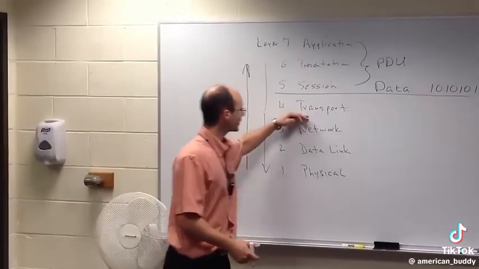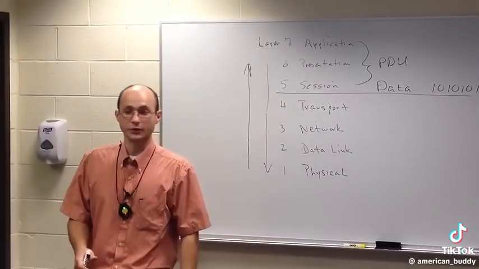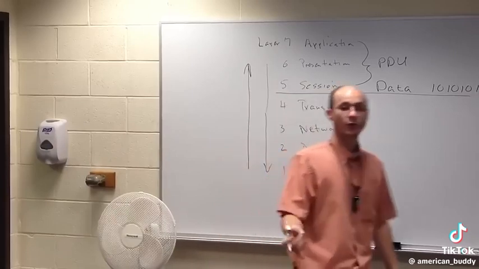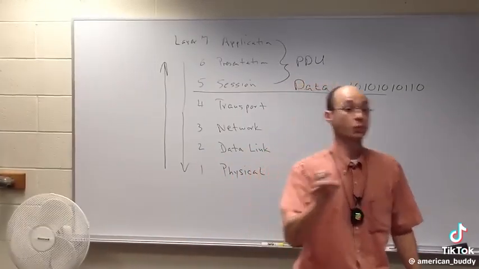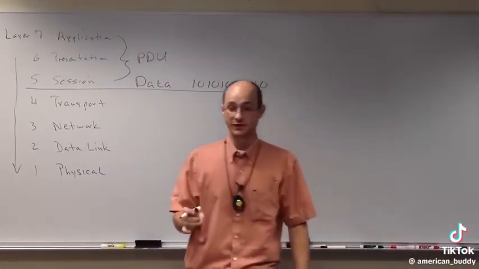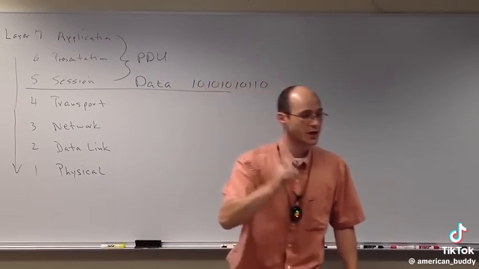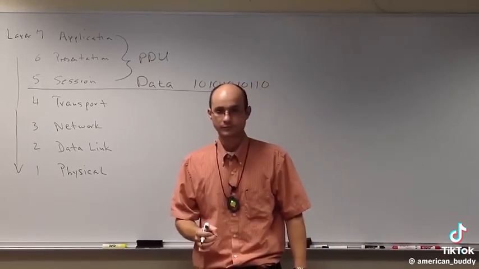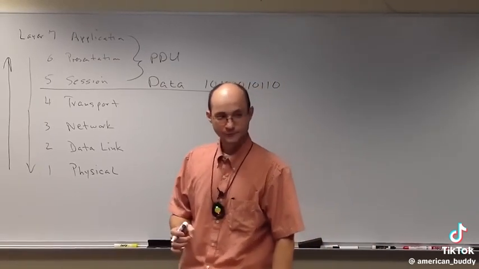That's the first thing that the transport layer is going to do. The transport layer is going to identify what application is making the request and what service is going to receive this. Applications make requests. Services receive them. All right?